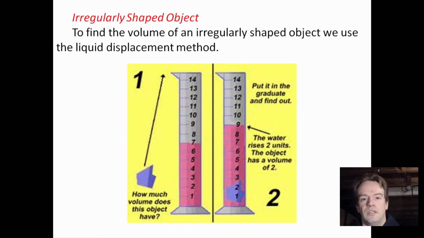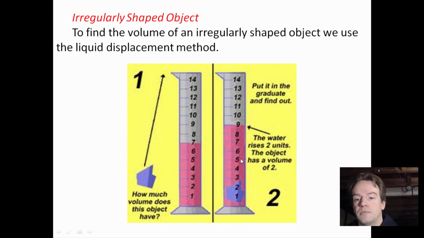That method is the liquid displacement method. With this method, we fill up a graduated cylinder, we note where it starts, we put the object in the graduated cylinder, and it will displace the water and make it go up a certain amount. In this case, it goes from 7 to 9, so we note that the object's volume is 2.